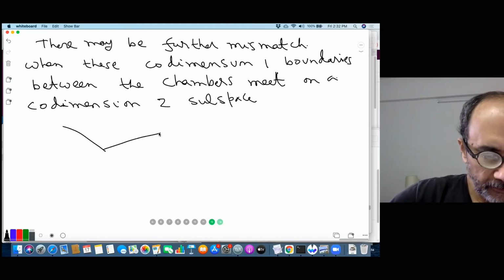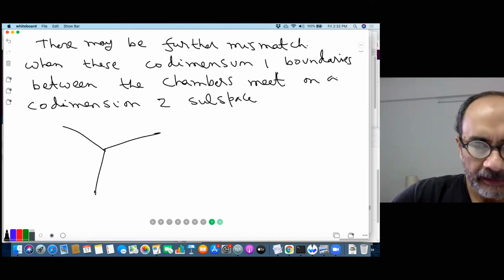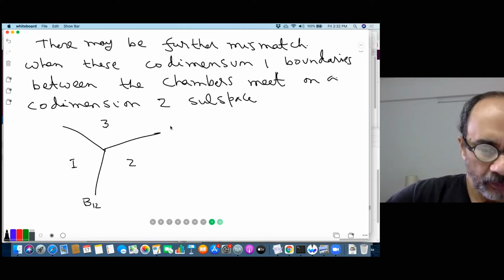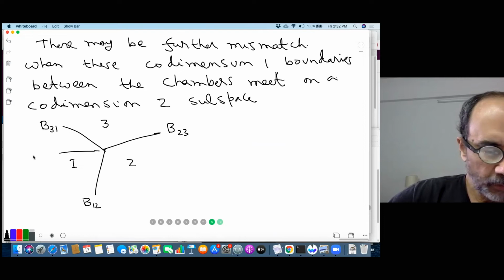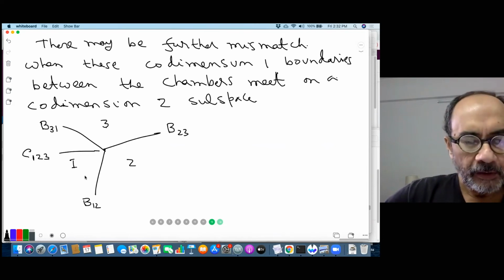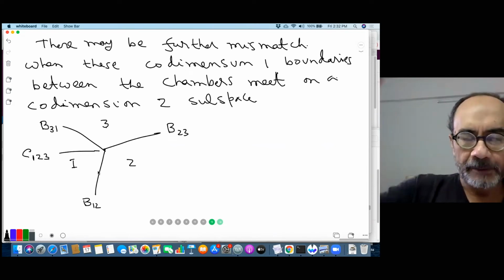Suppose you have three chambers. This is chamber 1, this is chamber 2, this is chamber 3. Let's call the boundaries B12, B23, and B31. And this one is where they meet, so let's give it a name, C123. Now, across B12, there are gaps because PCOs are jumping.